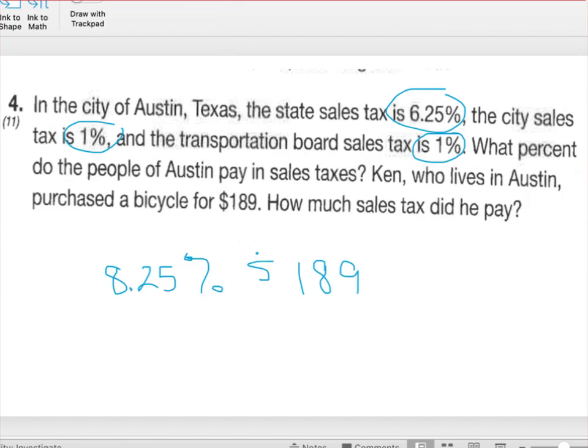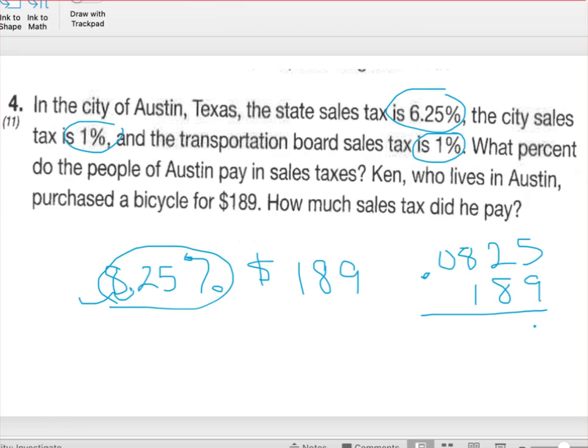But let's go ahead and put this into its decimal form. When it has its decimal form, that's going to move it over 2 more digits, and we're going to get 0.0825 times 189. Okay, so here we go.